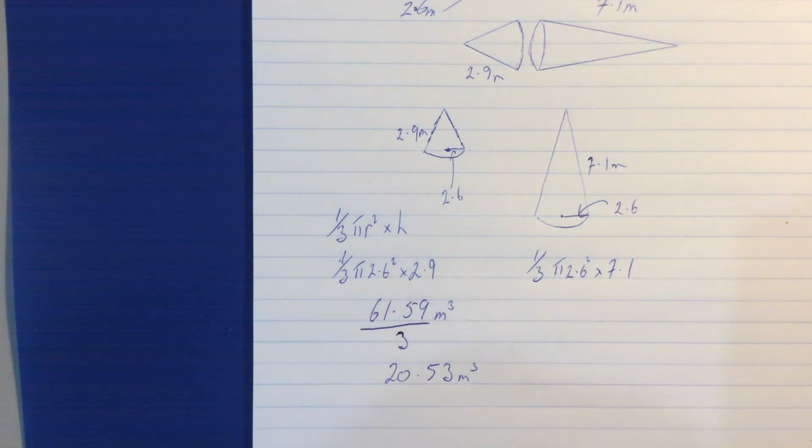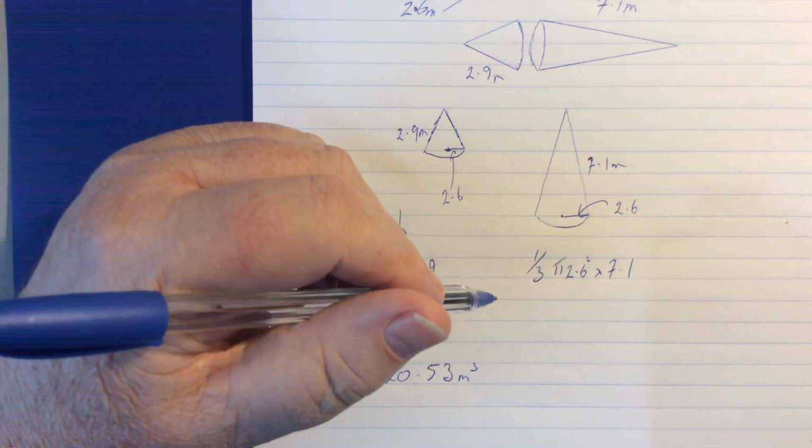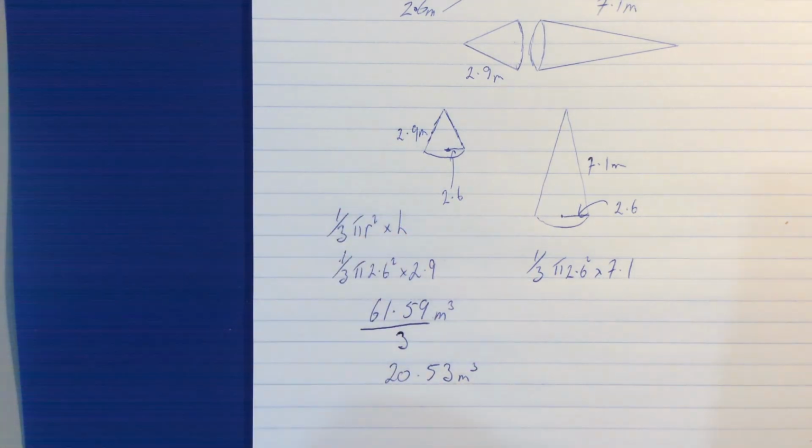Okay, over here we have pi times 2.6 squared times 7.1. Just wait a moment, I think I miskeyed there.